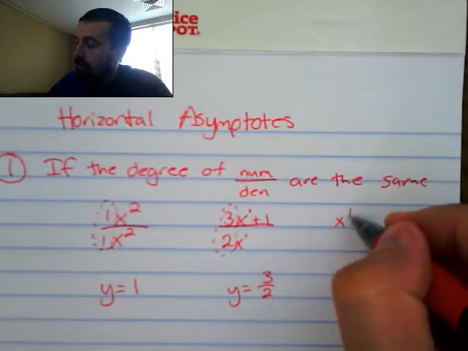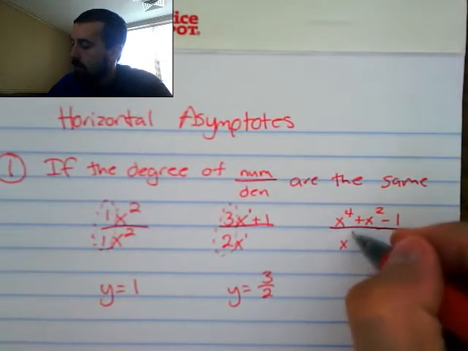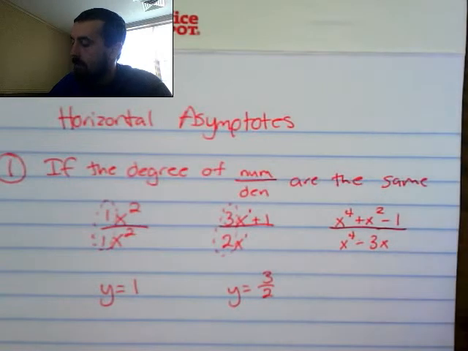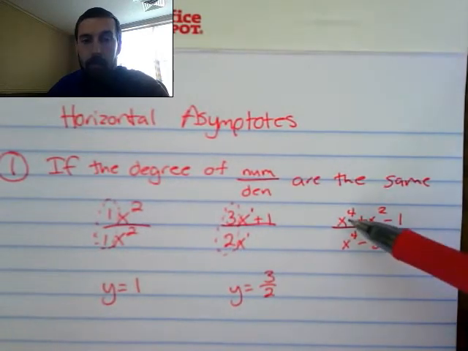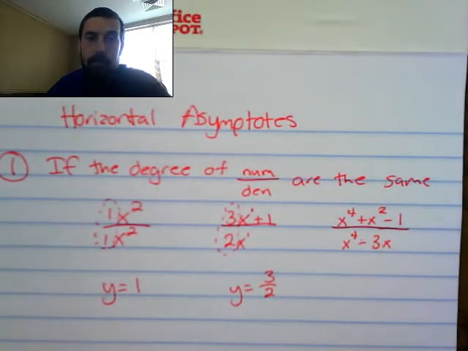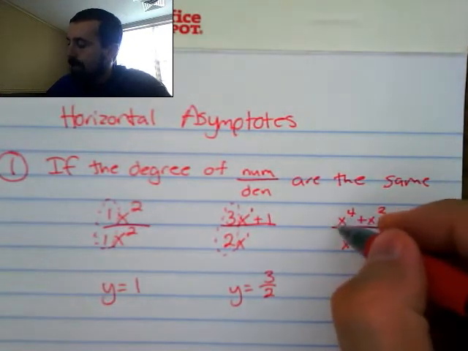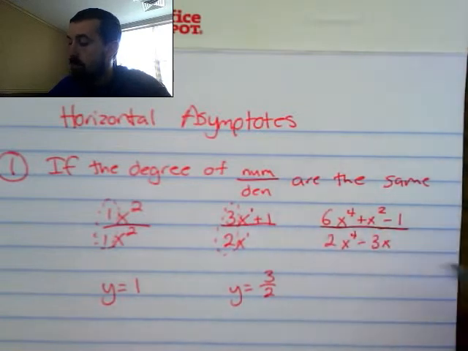Let's say I had x to the 4th plus x squared minus 1 over x to the 4th plus or minus 3x. Okay, my degrees are the same, right? I got a 4 and a 4. That's what I'm looking at, my highest degrees. And actually I'm going to change this to 6 and 2 right there.